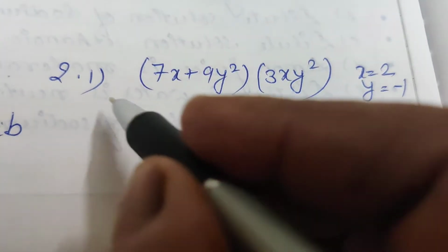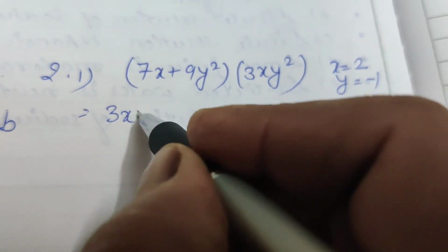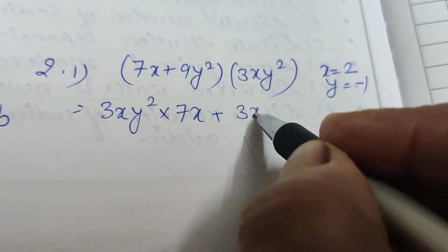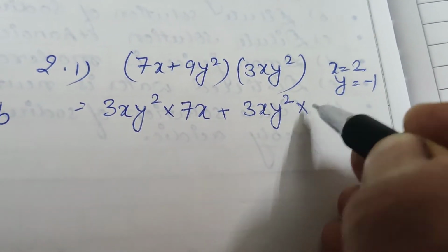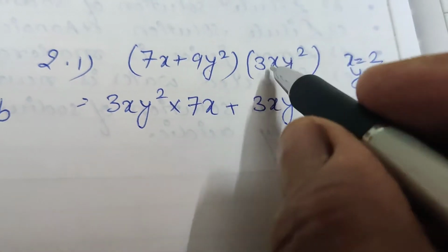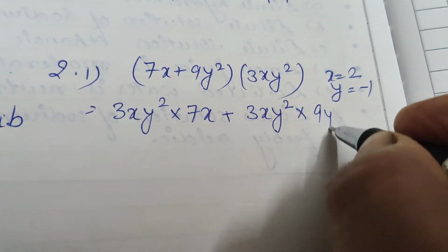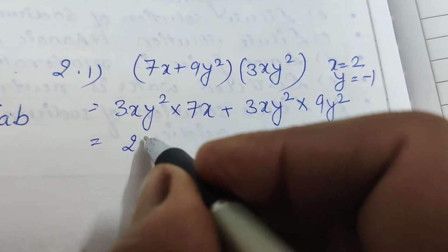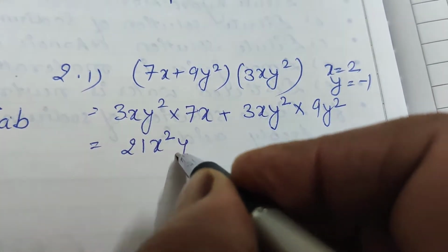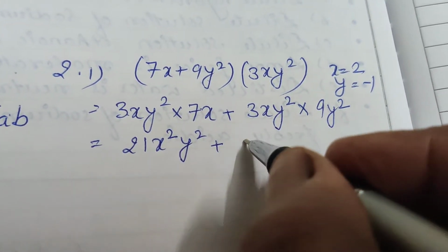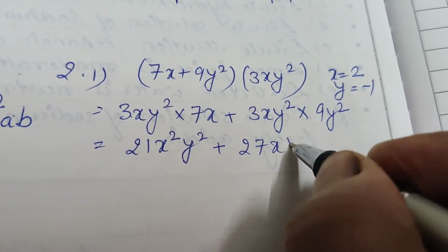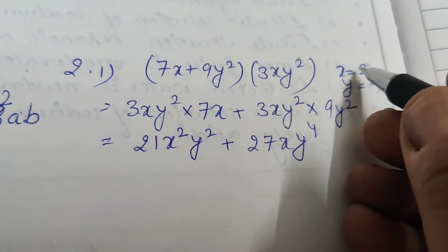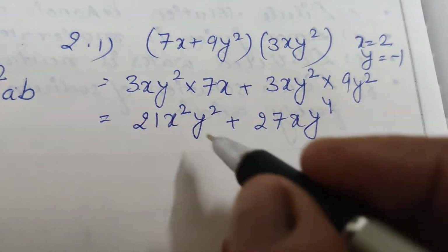Just first multiply. 3xy square multiplied by 7x and 3xy square multiplied by 9y square. Now 7 threes are 21, x squared and y squared, and 3 nines are 27, x y raised to power 4. Now evaluate.